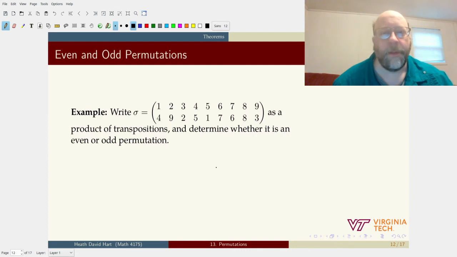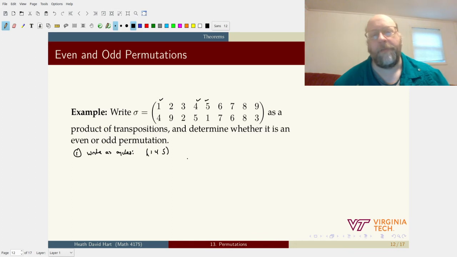Okay? All right. So let's start by writing it as cycles. So first we're going to write it as cycles. So 1 goes to 4. 4 goes to 5, and then 5 goes back to 1.